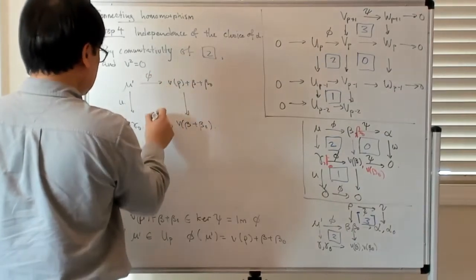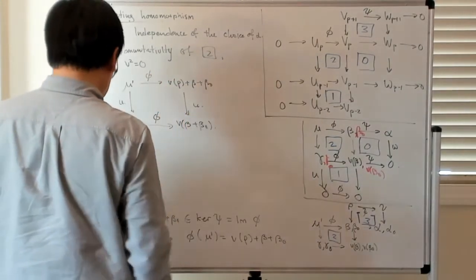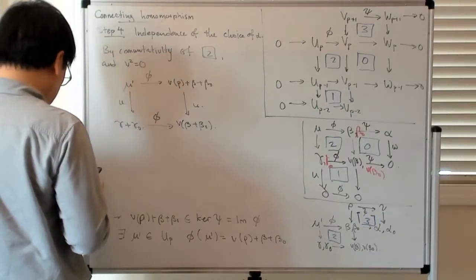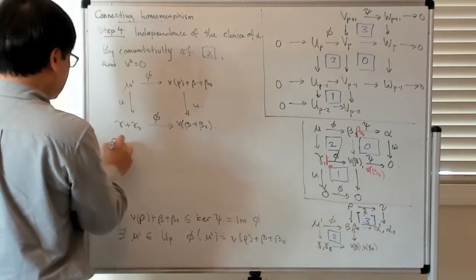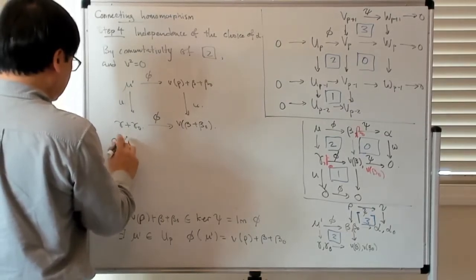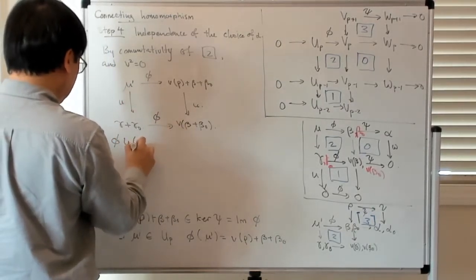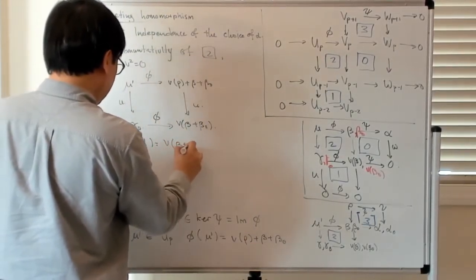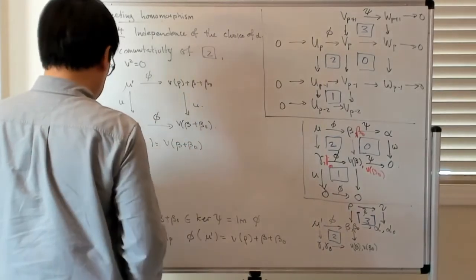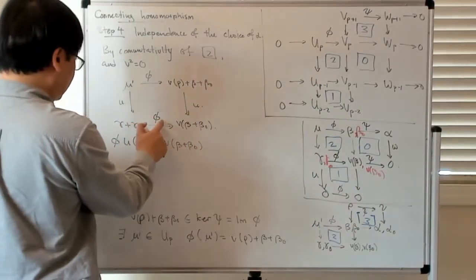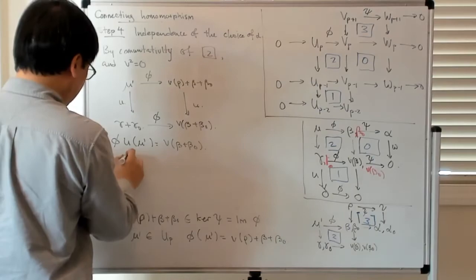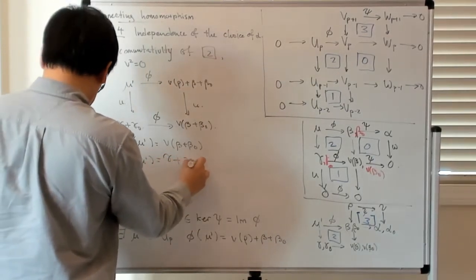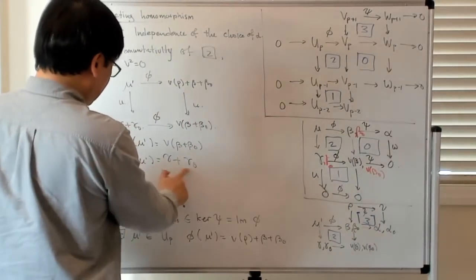So we know that this combination of mu prime is V beta plus beta 0. But because of injectivity, this means that U of mu prime is equal to gamma plus gamma 0, which is exactly what you want as before.